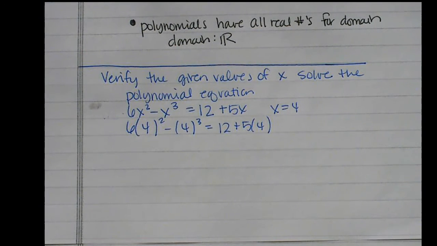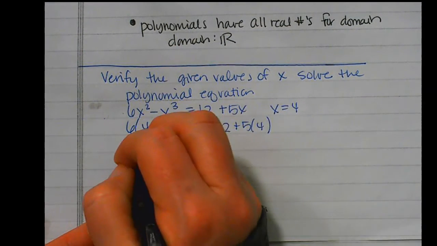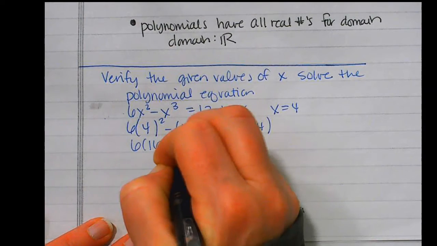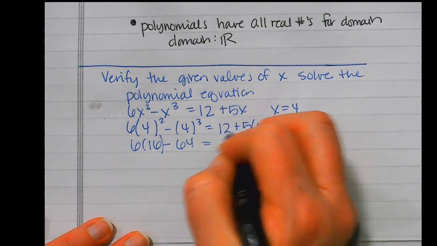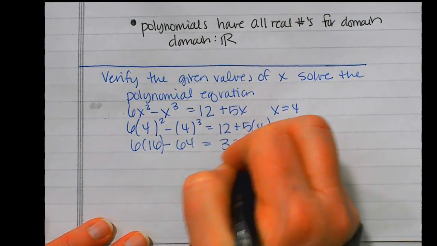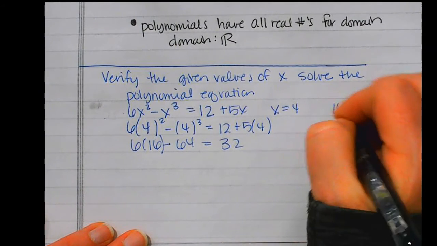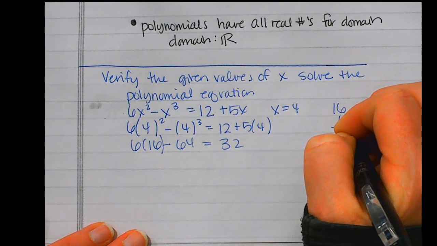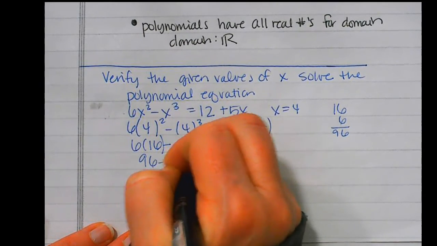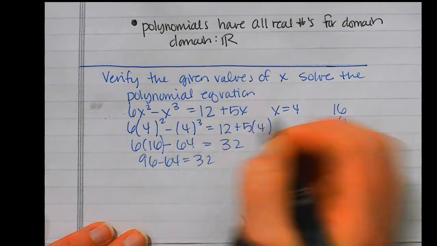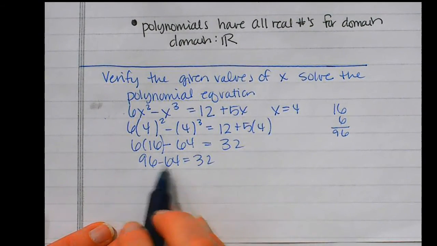So they want you to work that out. After you substitute in, what is that? 6 times 16 minus 64 equals 12 plus 20, which is 32. So 6 times 16 is 96. 96 minus 64 equals 32.